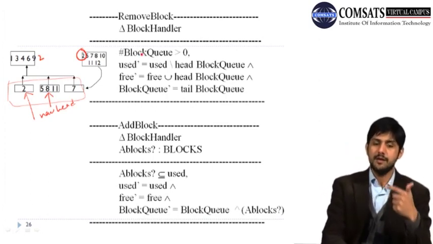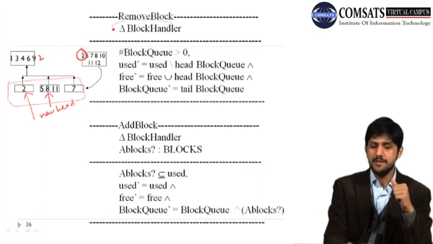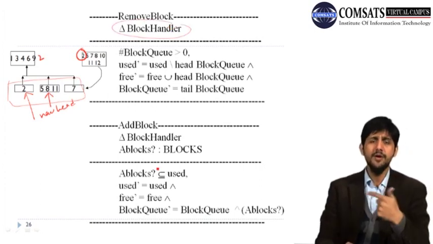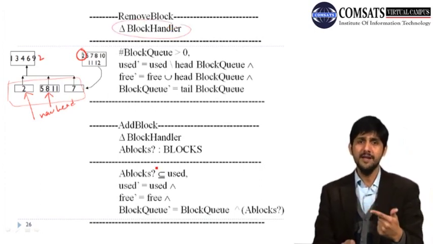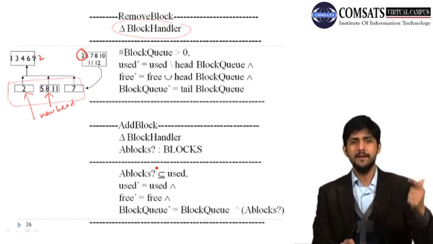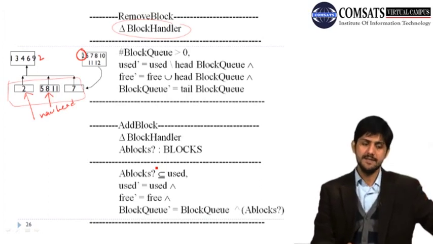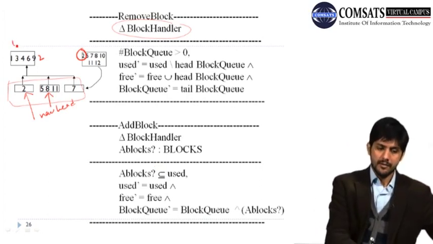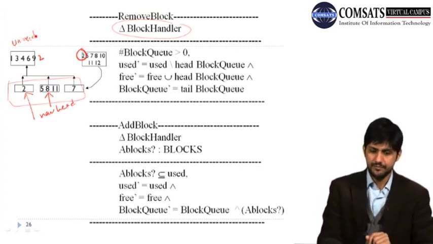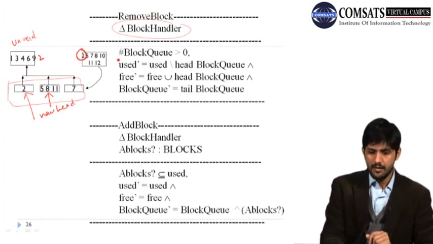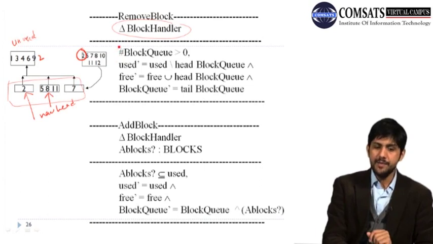So the first thing I know when I start writing my remove schema is that this is going to change the state of my system. And there are no inputs, because I automatically know what I need to do: I will remove the head of the queue and add it to the set of unused blocks. So first I define the precondition.